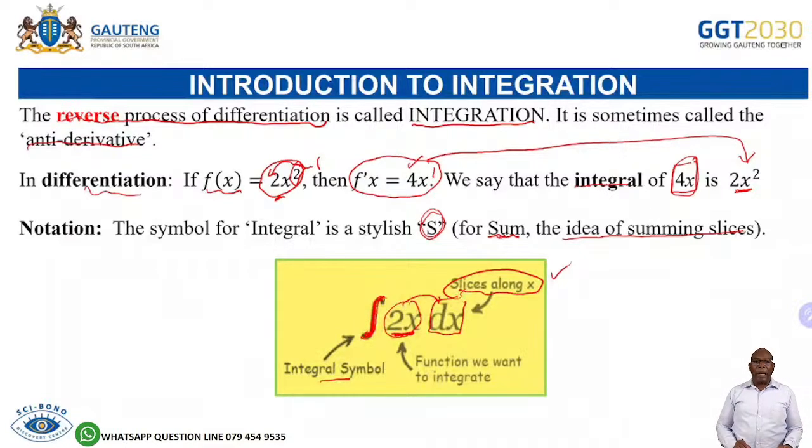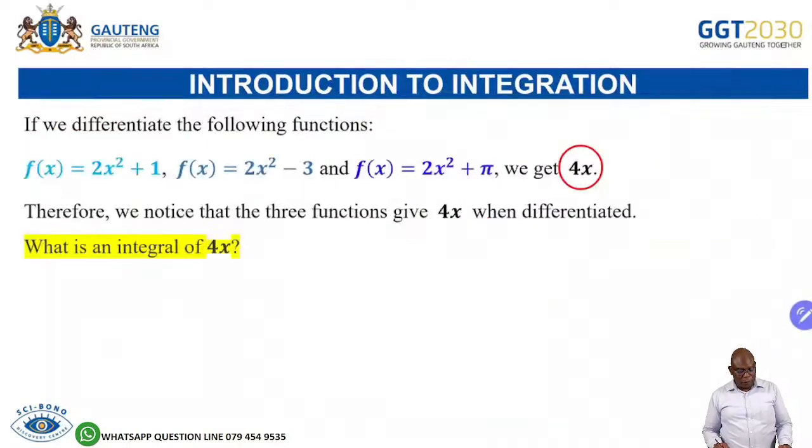So we are integrating. With differentiation, remember, we have dy over dx, or we have f prime of x, then we are differentiating. But with integration, we have its own symbol, then we use that symbol to integrate. Now, look at this. If we differentiate the following, if I take all this and differentiate them, what will happen? Notice this.